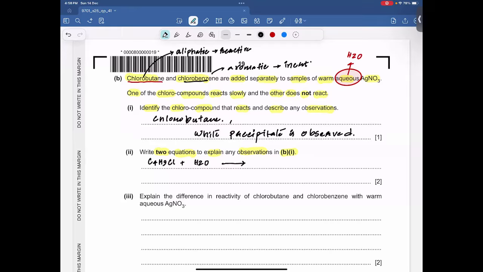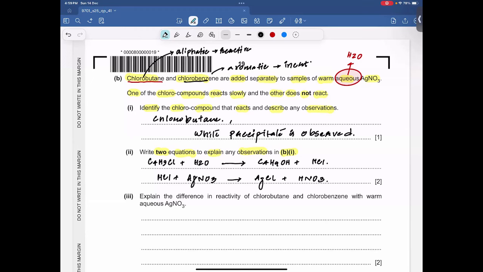That is going to be nucleophilic substitution reaction, and as a result, you will get C4H9OH alcohol plus HCl. Now that HCl is treated with silver nitrate, and as a result, I'll get silver chloride and nitric acid.